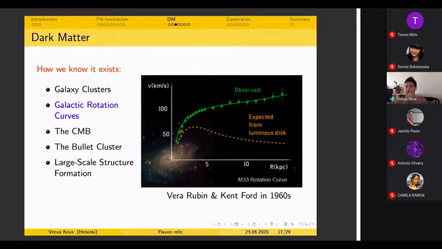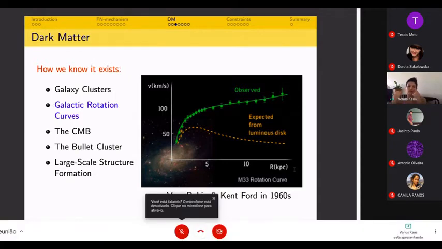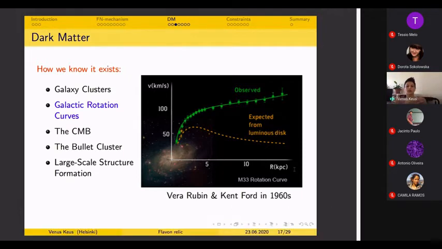So another unavoidable evidence for dark matter was found in the 60s, where they looked not at the galaxy cluster, but at a galaxy, measuring the rotation of the stars closer to the center of the galaxy or far away from the center. What you would expect is that the further out you go, as the masses of the visible stars are accumulated in the center, you would expect a smaller rotational velocity towards the edges of the galaxy.